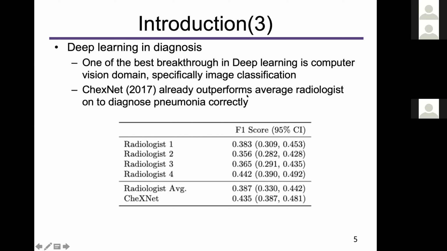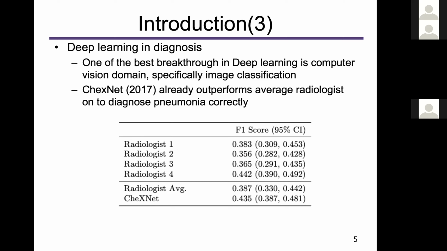In this table, the average radiologist has an F1 score of 0.338, while CheXNet has over 0.4. And these radiologists have 4, 7, 28, 28, 25, and 28 years of experience. So I think they are quite experienced radiologists, but this quite old model published in 2017 already outperforms them.